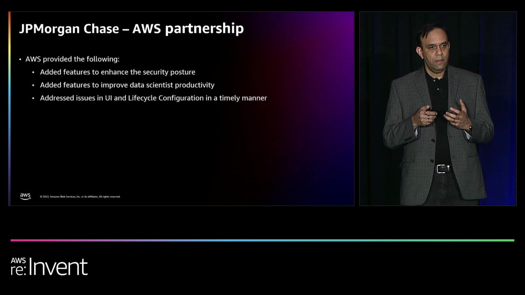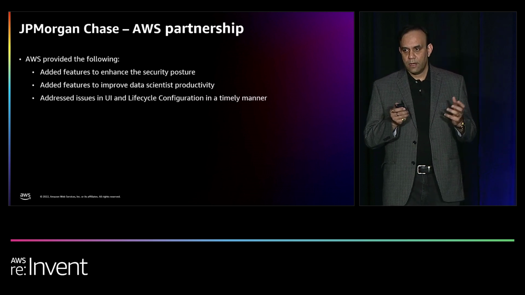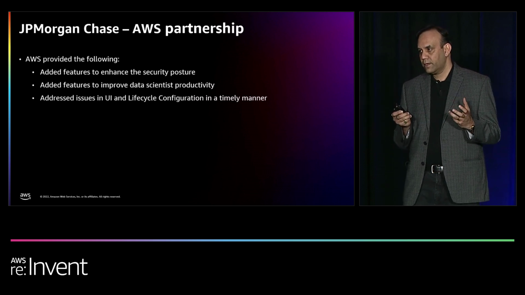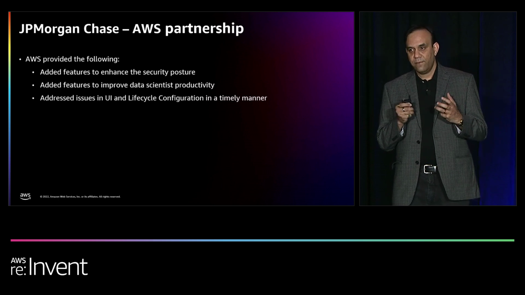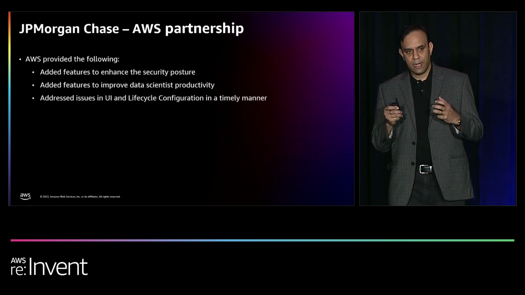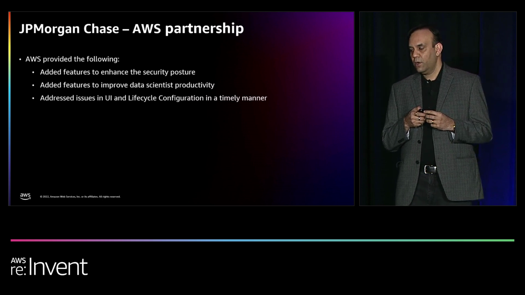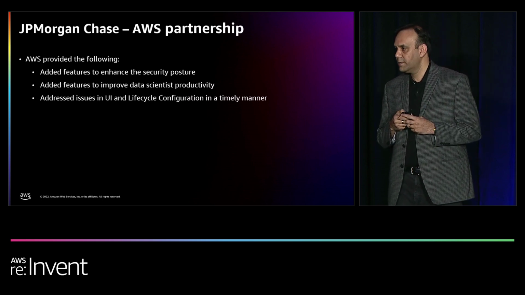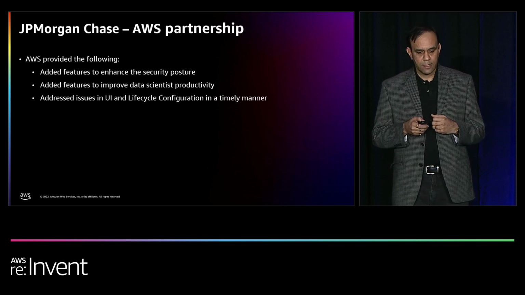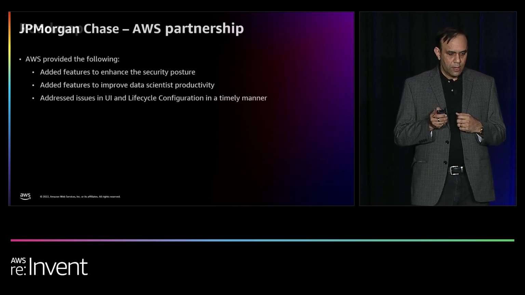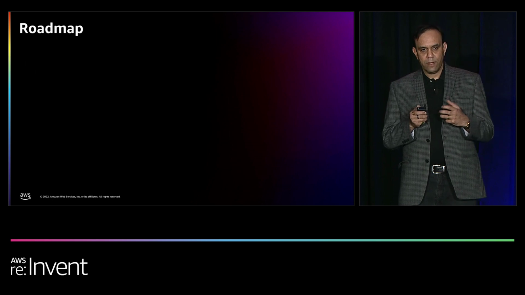And the Studio team and the SageMaker team addressed many issues in the UI that we discovered, and especially in the lifecycle configuration, because that's the key to implement certain security controls and also provide a seamless experience to the data scientist. So I'll quickly go into the roadmap that we have.